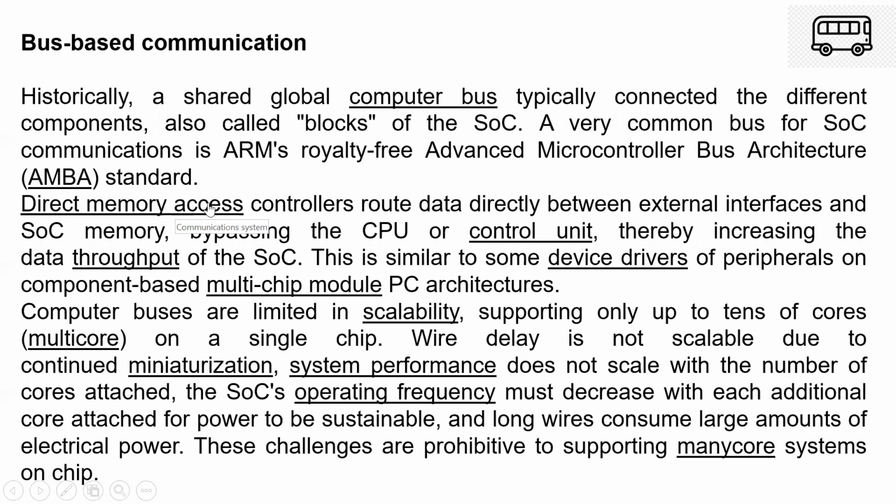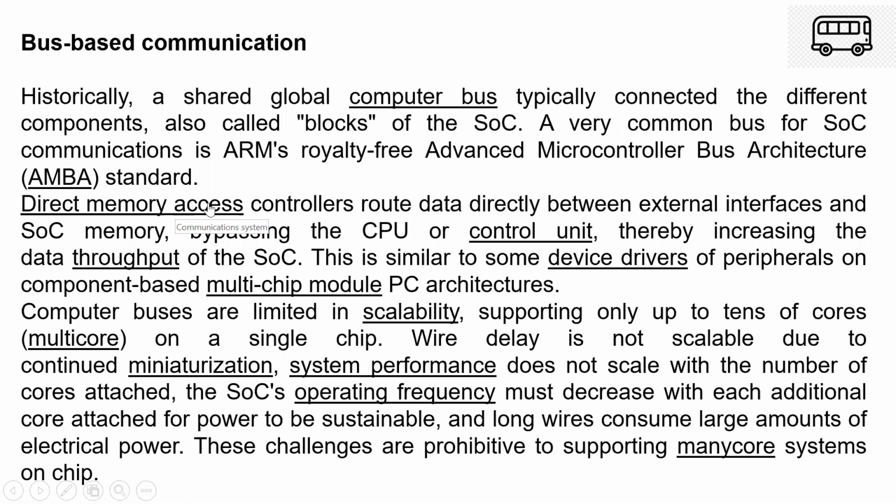The data transfer directly takes place between the external device and the internal memory of the system on chip. So this type of data communication is called direct memory access.